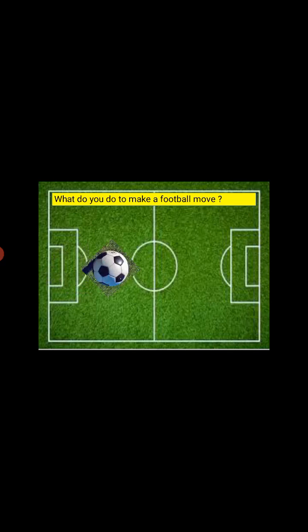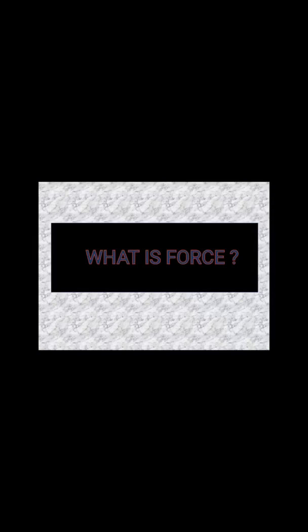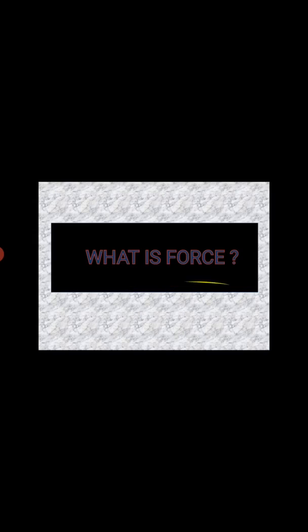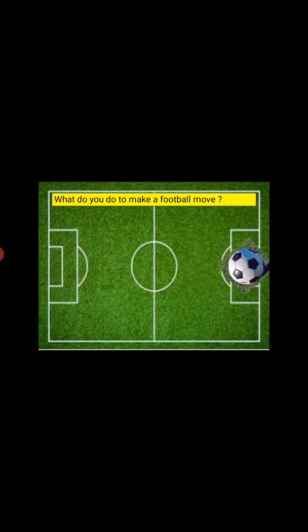So, our first question is, what do you do to make a football move? Yes, you make a football move just by kicking it and the ball rolls over the ground.